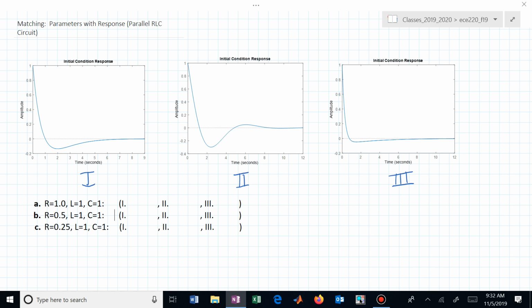B, those 3 parameter values, again, the only one that's changed is R. It's now 1/2. Does it now match up with 1, 2, or 3? Oh, I forgot. Do you see the 4th plot? None of the above.